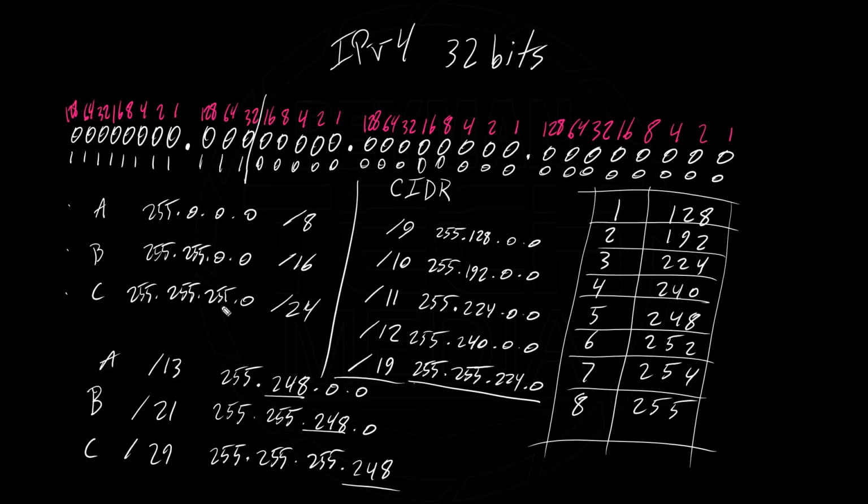We want to use less, because we don't have that many employees or devices on the network, or to better manage and organize our network, or maybe for security reasons. That's where classless interdomain routing comes into play. That's where subnetting, breaking a large network into smaller networks, comes into play.